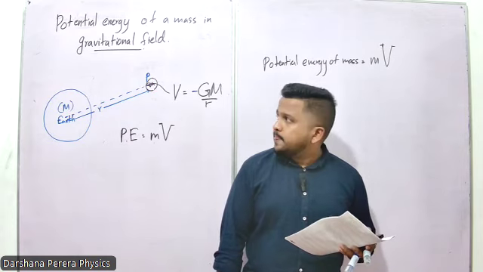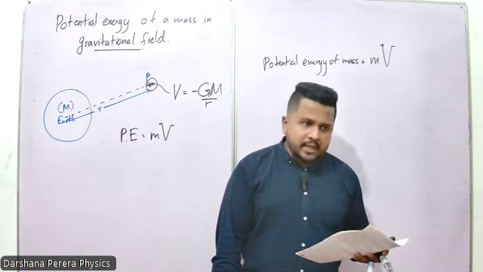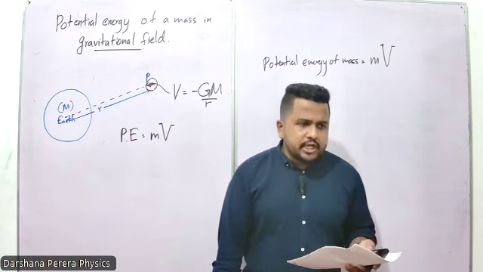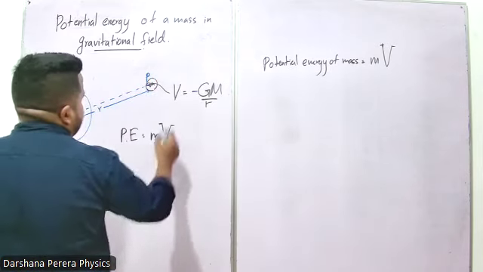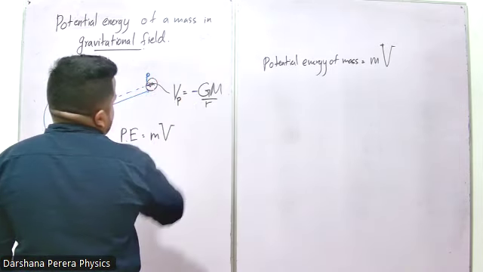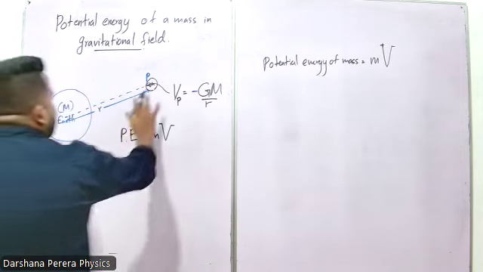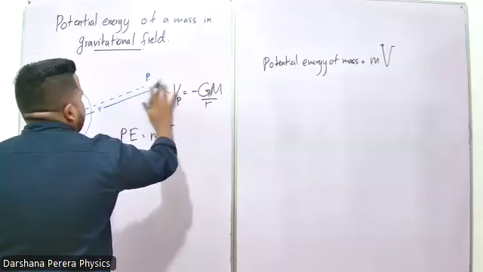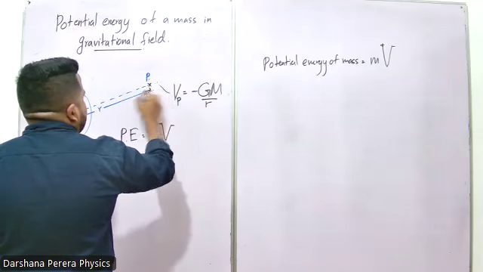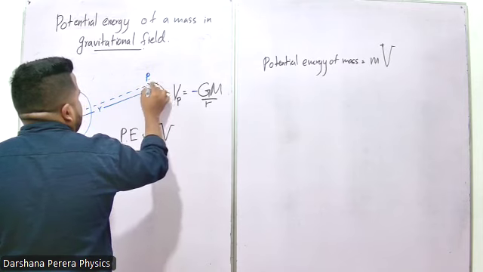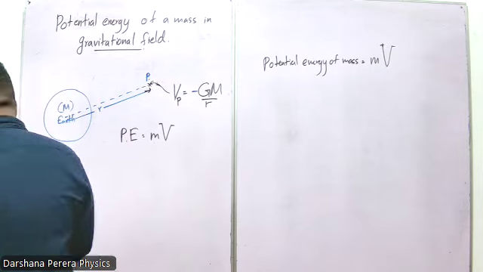The potential at point P is Vp equals minus GM over r.